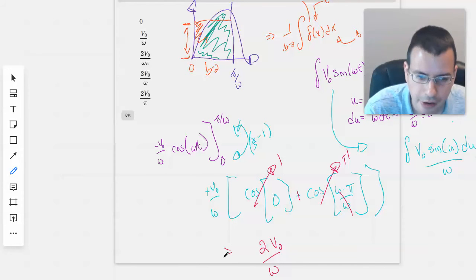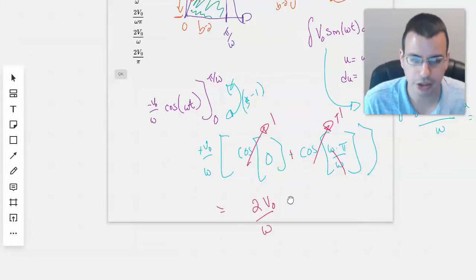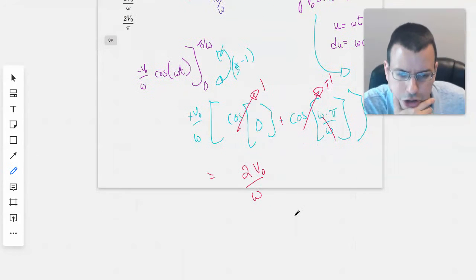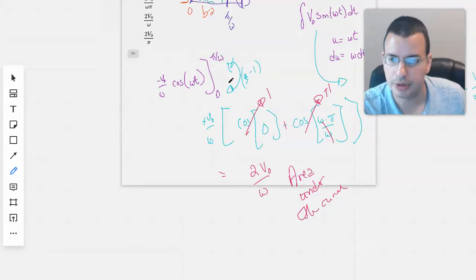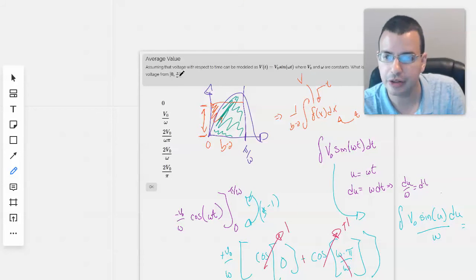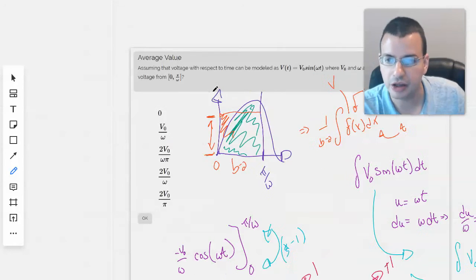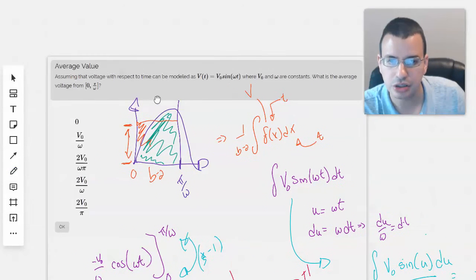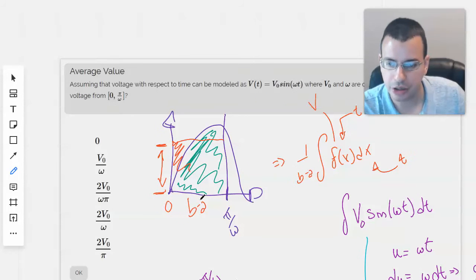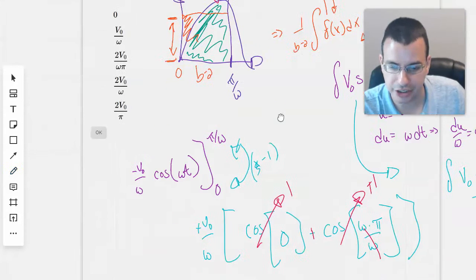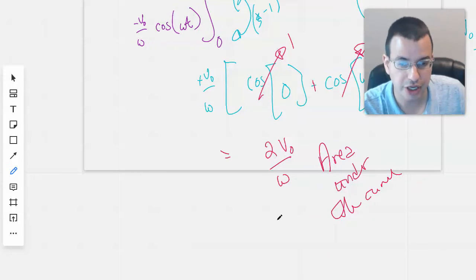So, take a quick step back here. This right here is the area under the curve. We want to be careful here because we're looking for the average. We found this green area here, the area under the curve, which is 2 V naught over omega.